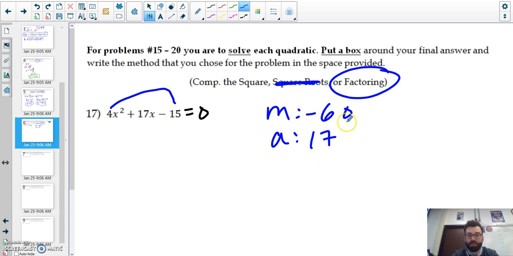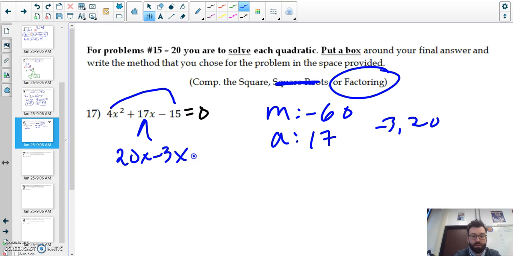When we think about the factors of 60: 1 and 60, 4 and 15, 2 and 30, 3 and 20. Negative 3 and 20. So I'm going to take this middle term and split it into 20x. Remember, I always put my larger term first, just to stay consistent. And 4x squared stays the same.